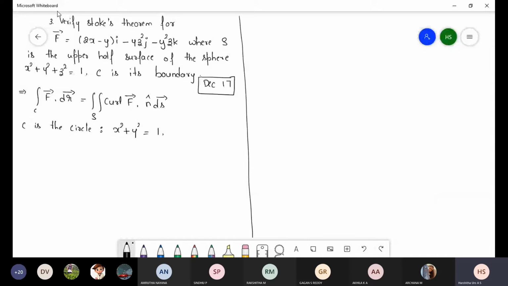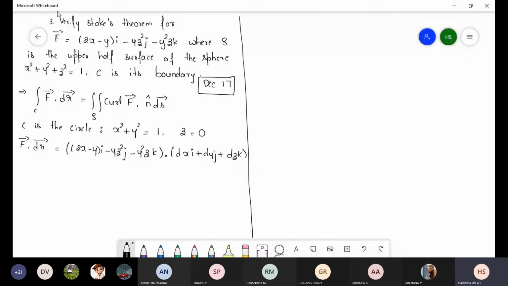Now let us go with the LHS side. Vector F dot vector dr. What is our vector F? (2x minus y) i minus yz squared j minus y squared z k dot vector dr, which is dx i plus dy j plus dz k.